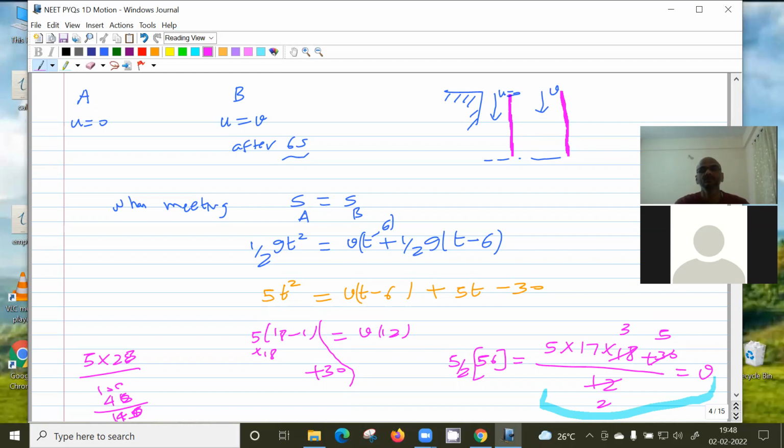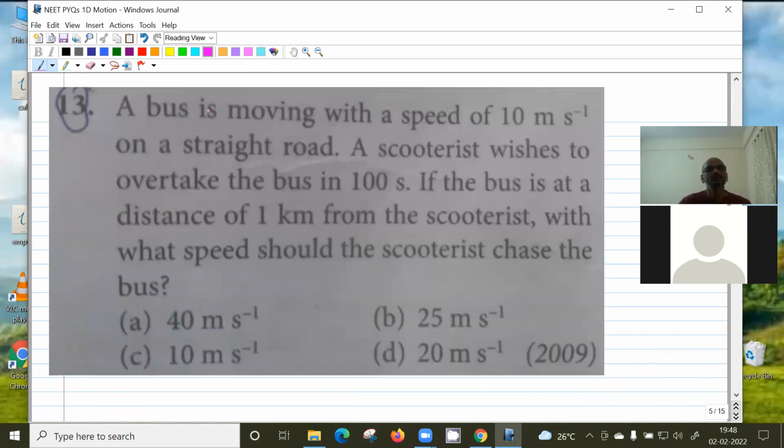Let's not waste time. Okay, this one. The bus is moving with the speed 10 meters per second on a straight road. A scooter wishes to overtake the bus. At 100 seconds the bus is 1 kilometer from the scooter, which chases the bus with some speed. Okay, this is also similar to the previous one. First thing you have to draw the diagram.